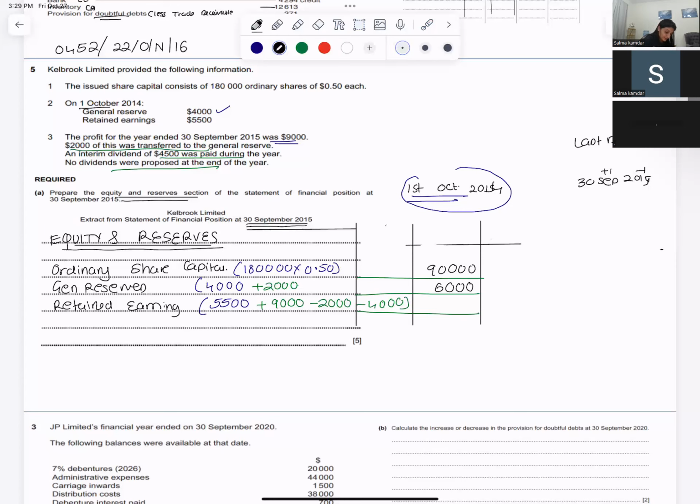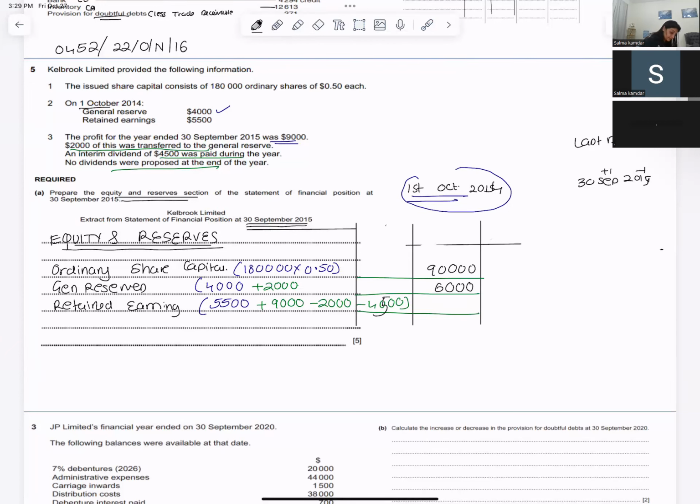How? 5,500 plus 9,000 minus 2,000 minus 4,500. Interim dividend is 4,500.